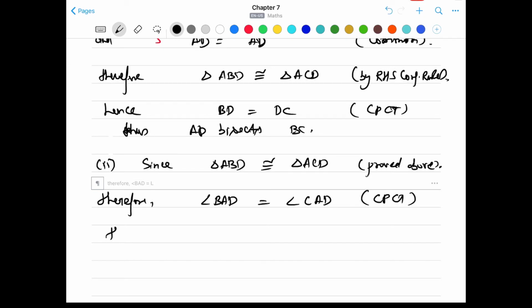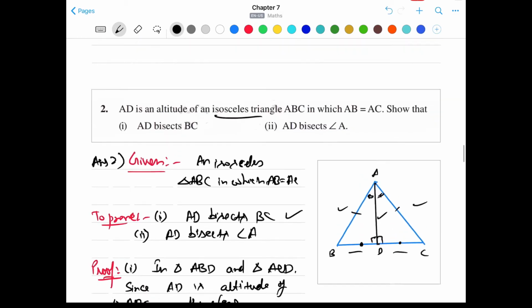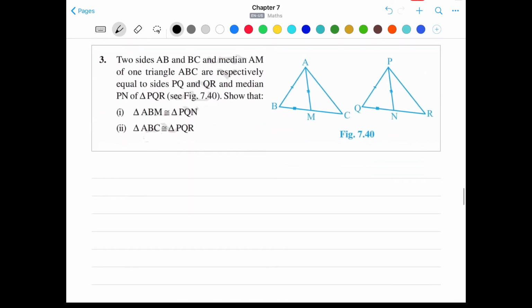This is by CPCT. Or you can write thus AD bisects angle A. Okay, that's the answer of part second of question number 2.